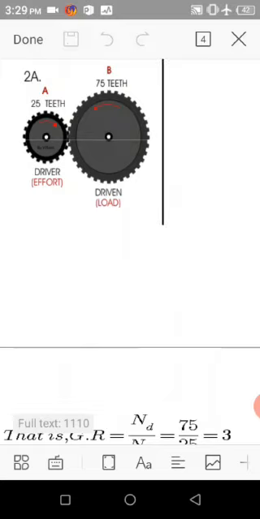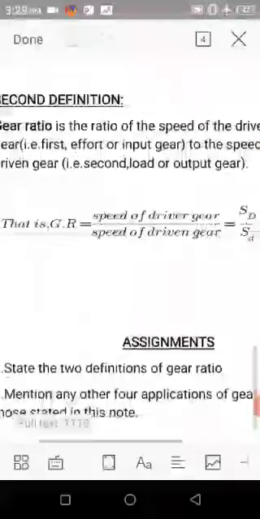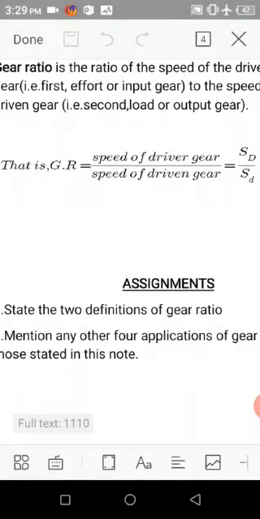The answer is the same as what you got using the number of teeth of the 2 gears. Those are the 2 definitions of gear ratio, and inshallah, we are going to do more examples on gear ratio in our next lesson.